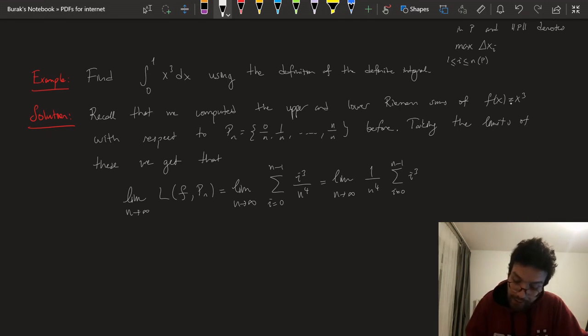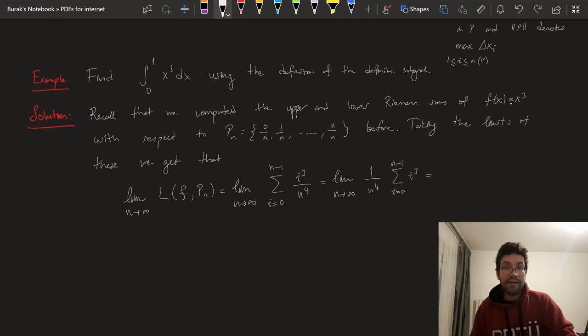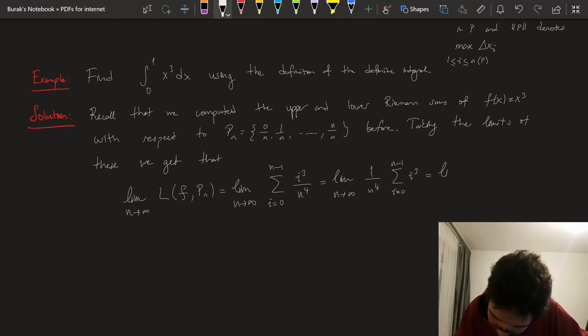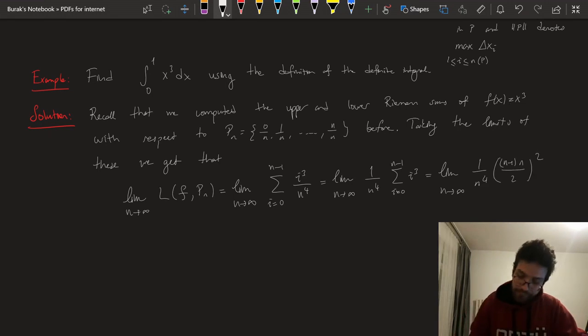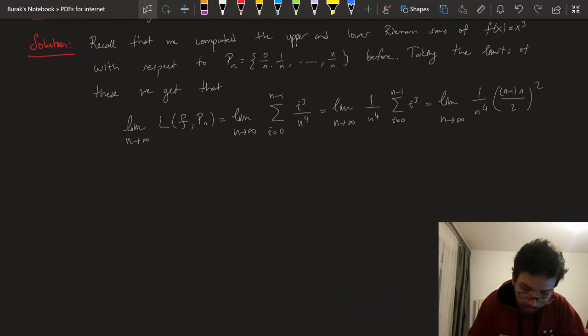Now a formula, which I'm going to write down, tells me that if I add the cubes of numbers from 0 to, let's say, k, then that sum is k plus 1 divided by 2 squared. So I get that this is n minus 1 divided by 2 squared. Why?